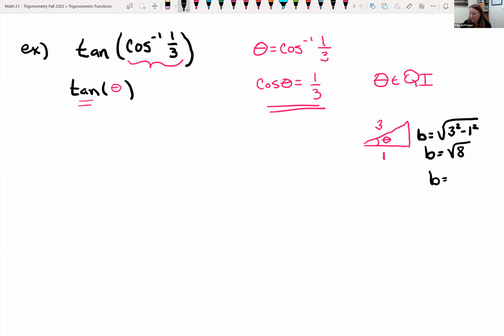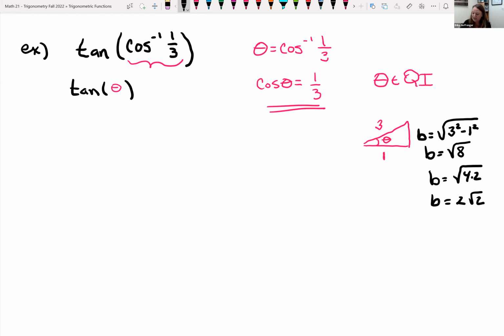We'll notice that there's a factor of 8 that's a perfect square. This is the same thing as the square root of 4 times 2. So we can break this down as 2 root 2. So now we're going to use that triangle to figure out what tangent theta is. We know tangent theta is opposite over adjacent.